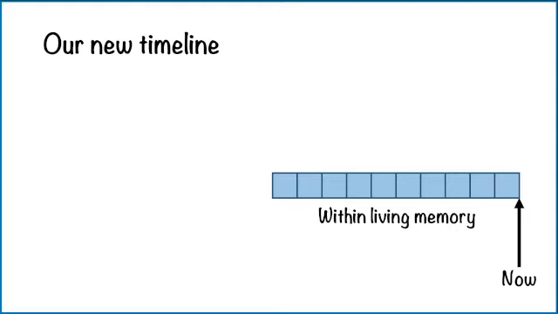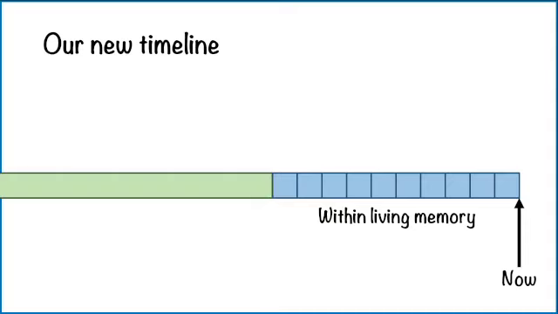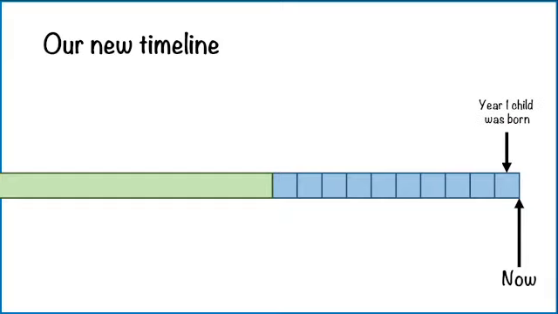Within living memory. And anything further in the past is beyond living memory. I wonder where a year 1 child would go on our timeline. Now a year 1 child might be 5 or 6 years old. Where's that? It's here. It's not very far in the past from now, is it? So that's 5 years in the past.